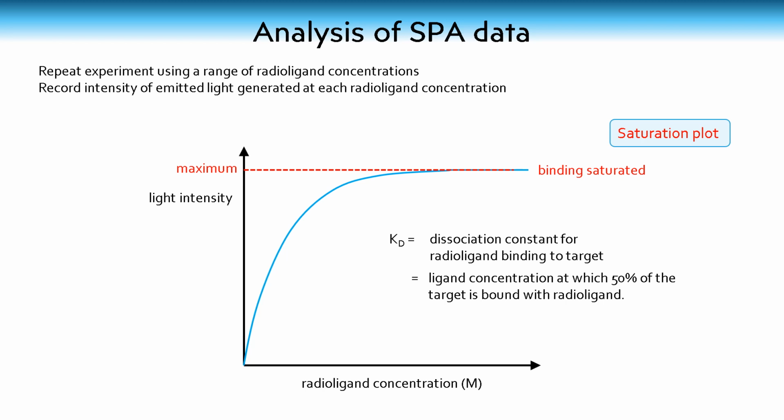Draw another horizontal line from the y-axis at 50% of the maximum light intensity, which indicates 50% of maximum binding. Where it meets the saturation curve, drop a vertical line down to the x-axis. The value at which it crosses the x-axis is the dissociation constant.